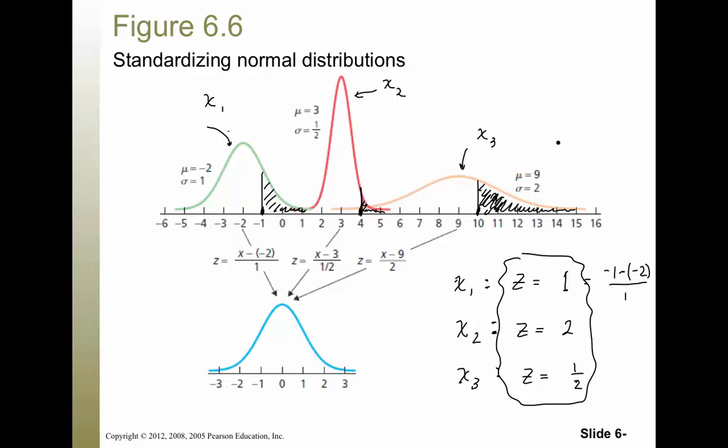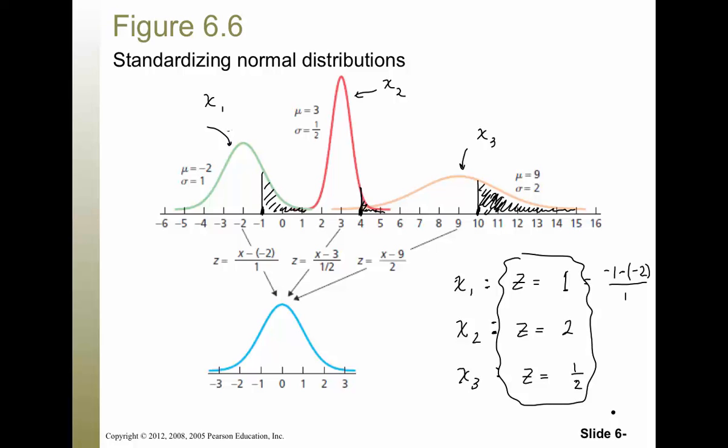This is a 1/2 standard deviation above, so that's the most area, and which has the least area to the right? X2, all right? Since z standardizes things for us, it standardizes the areas as well, the frequencies, okay? So it doesn't only standardize values, but now it will standardize areas.